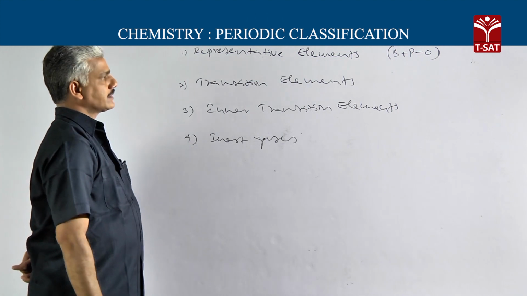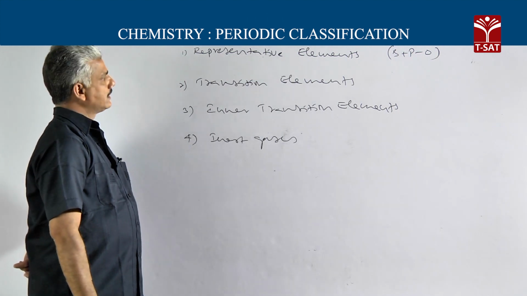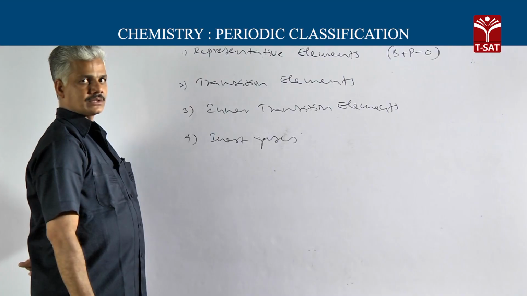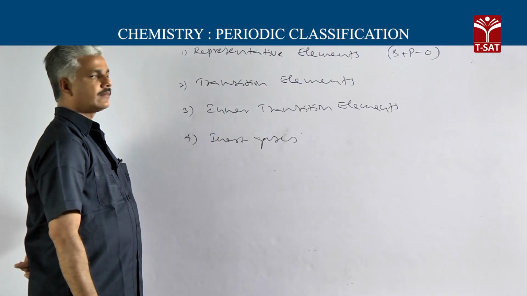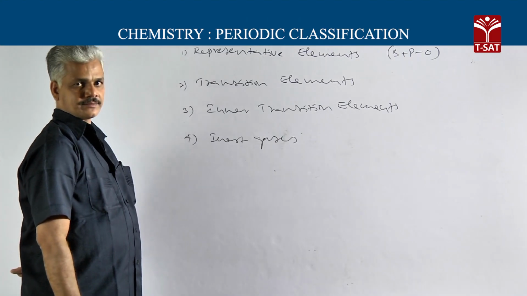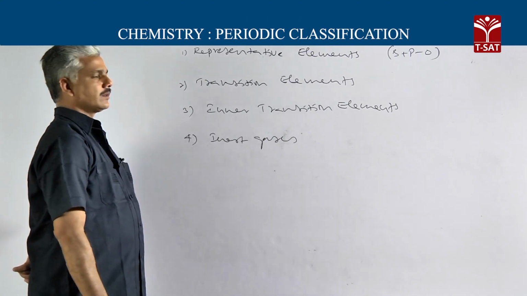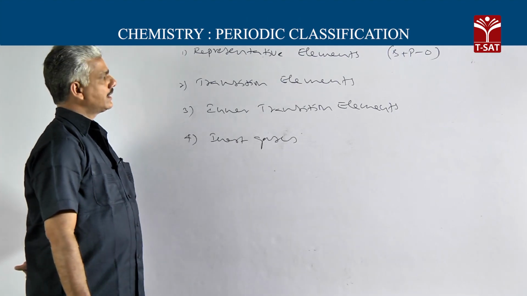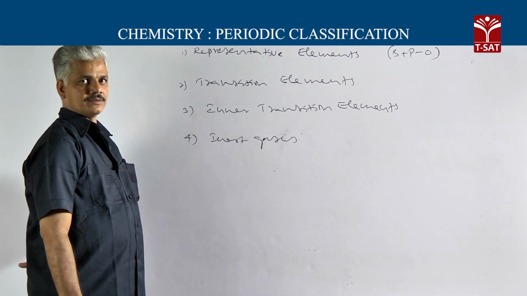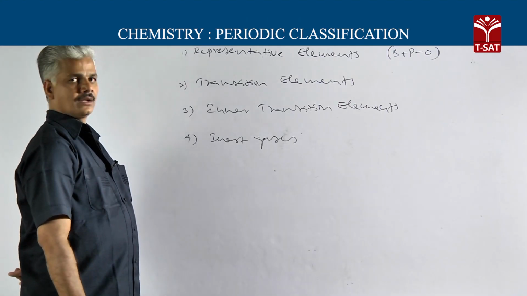These elements are highly reactive in nature and are responsible for most of the compounds that we observe. Hence, the name representative elements. They cover both metals, non-metals and semi-metals, and the nature of compounds is both ionic as well as covalent.